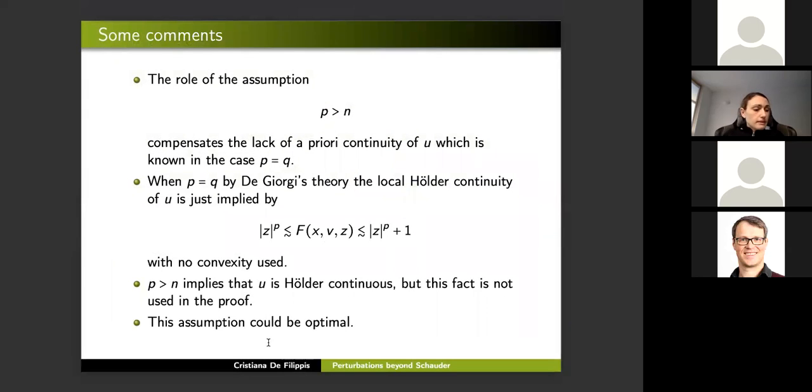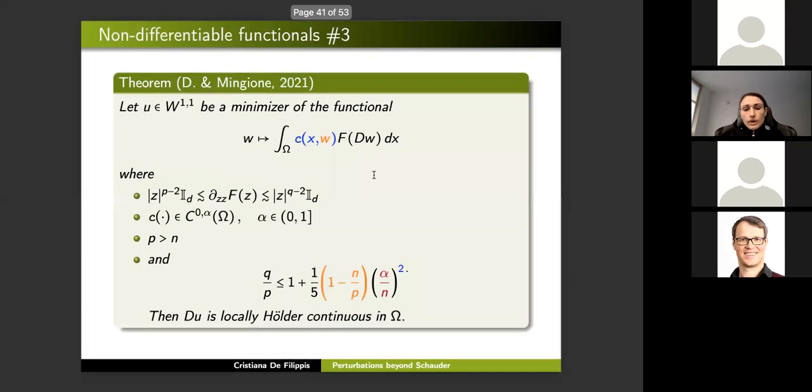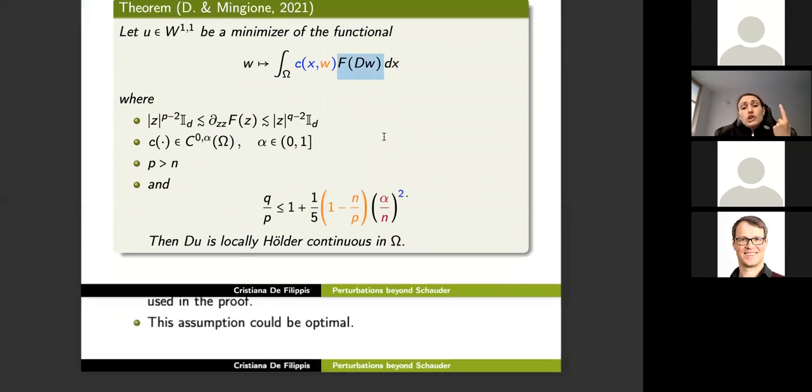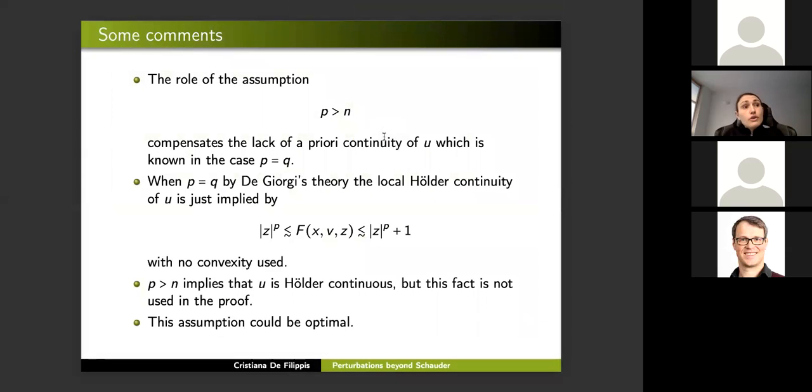Now, let me comment a little bit about the assumption p larger than n. It seems to be quite technical, but it is actually natural, because when dealing with this variational integral, with f of the p-Laplacian type, we have by De Giorgi's theory that minimizers are already Hölder continuous, and therefore we are essentially treating a coefficient c of x, u of x, which is Hölder continuous.